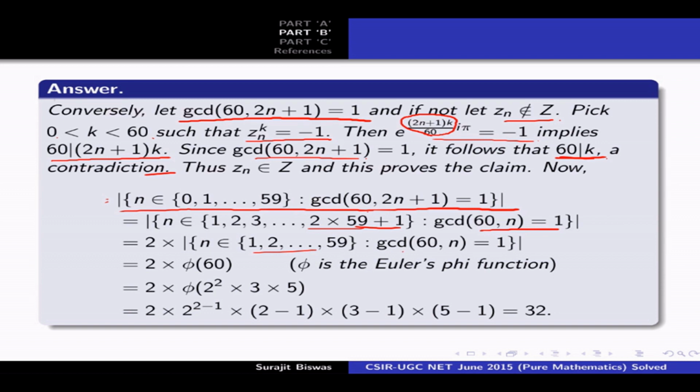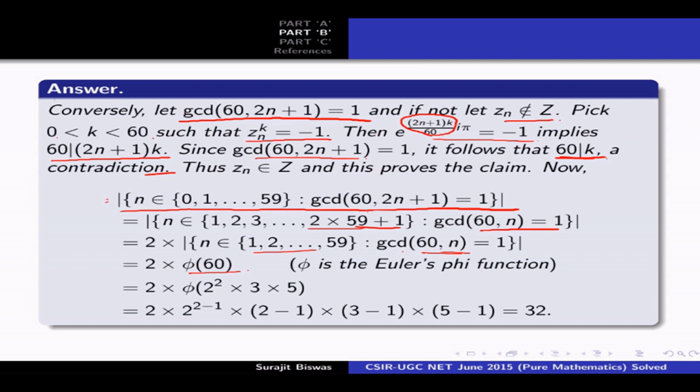Now the cardinality of this set is basically the collection of positive integers which are less than or equal to 60 and relatively prime with 60, and this is given by Euler phi function of 60, and we have a formula for Euler phi, we'll use that.